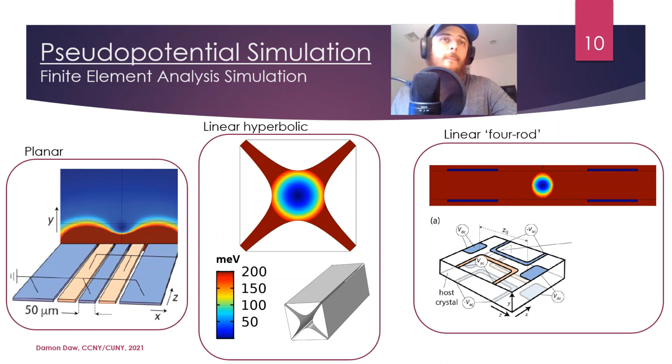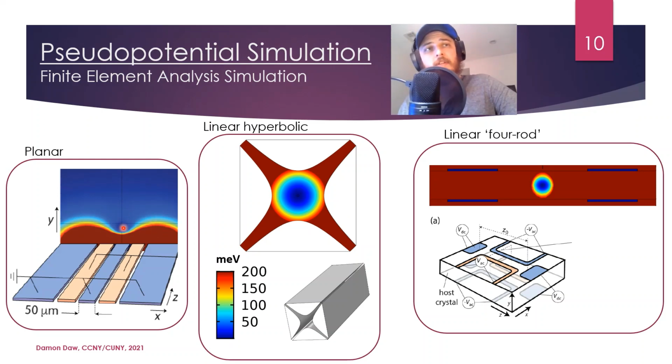This is kind of a cool one. This is a planar Paul trap. So you've got the microwave electrodes here and some ground electrodes. You can see the pseudopotential color plot here. The red means it's a higher energy, and the blue means it's a lower energy. The one issue with these traps is that in the vertical direction here, the pseudopotential is very weak.